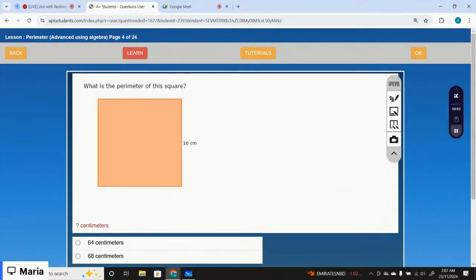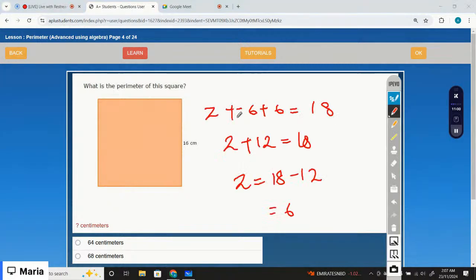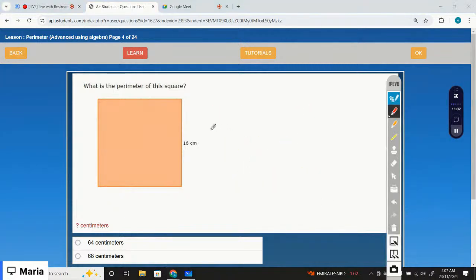What is the perimeter of this square? So which is the correct option? You are given one of the sides, that is 16, right? You need to calculate the perimeter. So for the perimeter, you have to add all the sides. So that is 16 plus 16 plus 16 plus 16, because that is a square. A square has all sides equal in length, right?